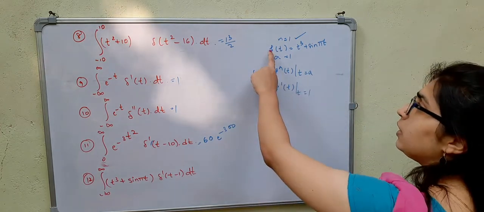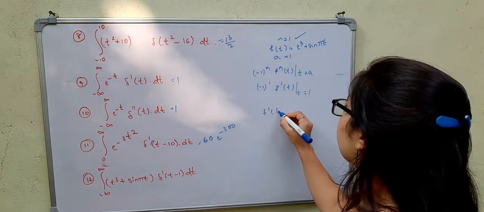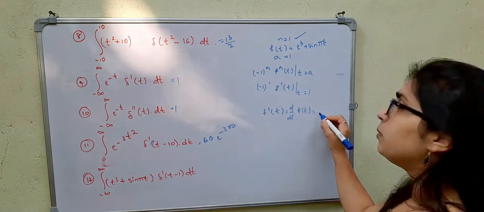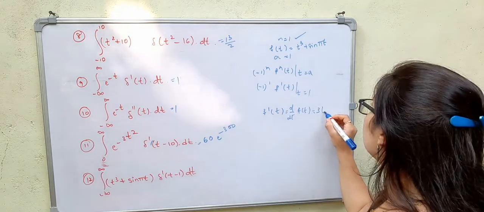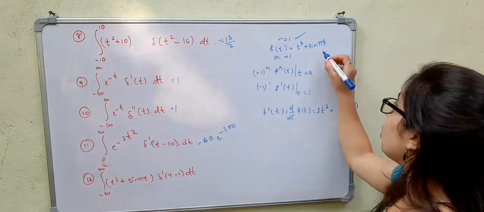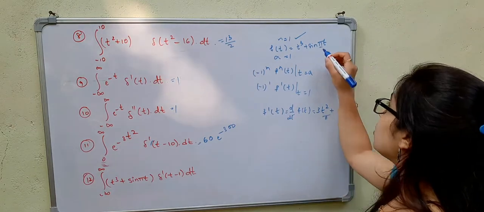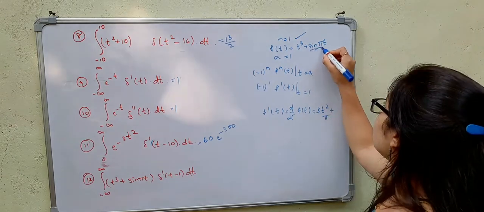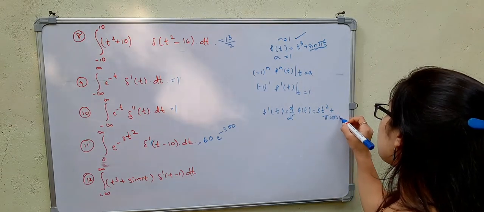So what will be the differentiation of f of t? d by dt of f of t. So t cube differentiation will be 3t square. What will be the differentiation of sin pi t? The constant, the coefficient of t, that is pi, will be outside. Next you have sin, that is cos pi t.